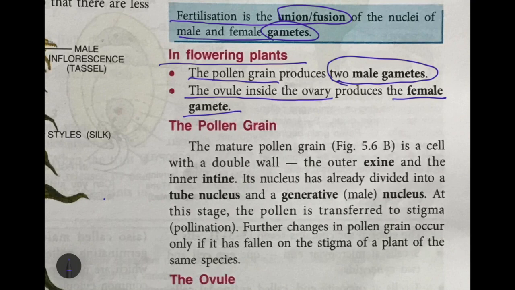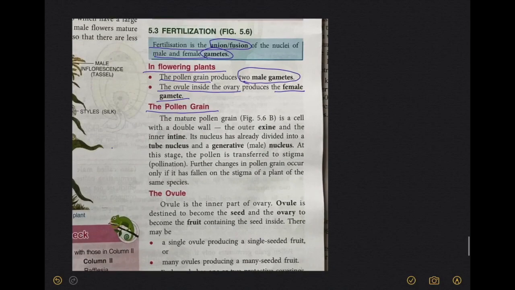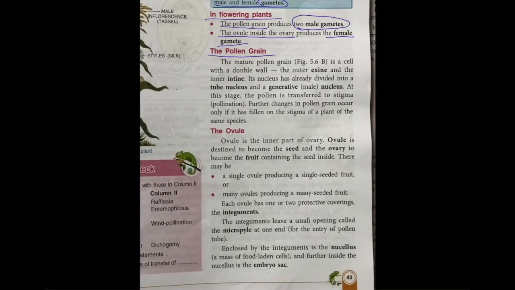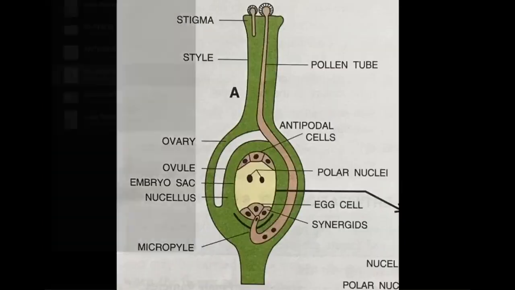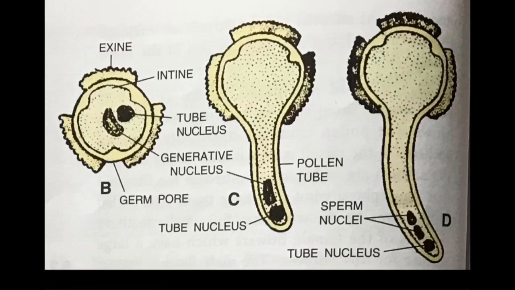Now, talking about the pollen grain, if you look at the diagram of pollen grain, just hold on. Okay, so this is a mature pollen grain. The mature pollen grain is a cell with double wall. The outer wall is exine.